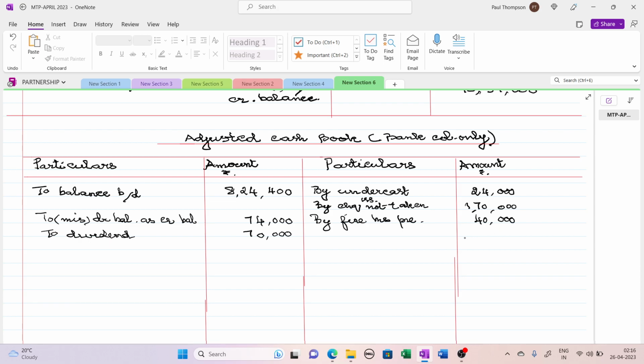Now they say that another one is a check issued to a creditor for 2,58,000 was entered twice on the payment side. So in order to nullify, one payment is correct. So check payment entered twice.